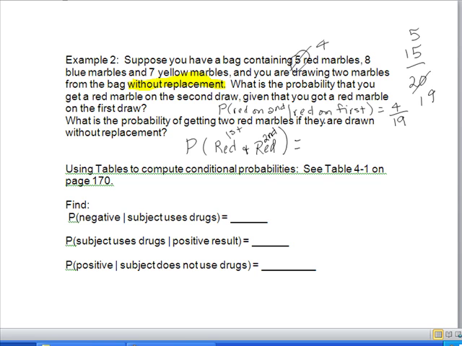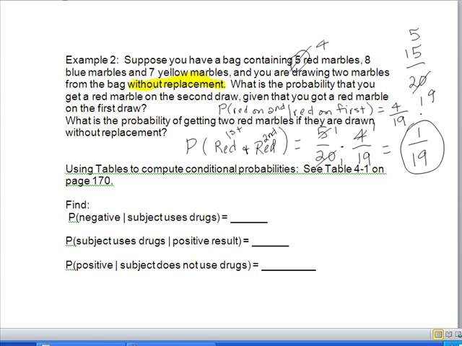Because we're doing an "and" situation, we want to assume that a red has been drawn on the first draw. So on the second draw, there's only 4 reds left out of the 19 marbles. And 5 times 4 is 20, so we're going to get 1 over 19 as a probability. You'll notice that I like to reduce before I do the multiplication.